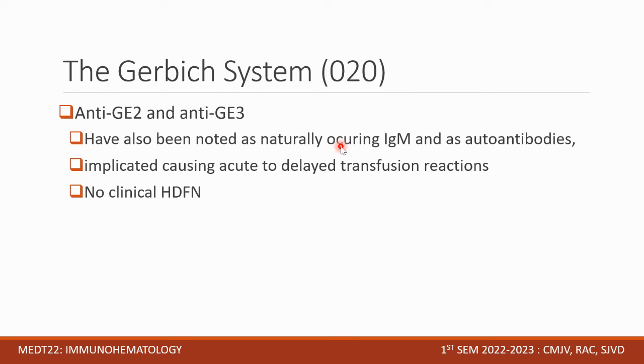Anti-GE2 and anti-GE3 antibodies have also been noted as naturally occurring IgM and as autoantibodies. They are implicated to cause acute to delayed transfusion reactions, but have no clinical significance with regard to HDFN.